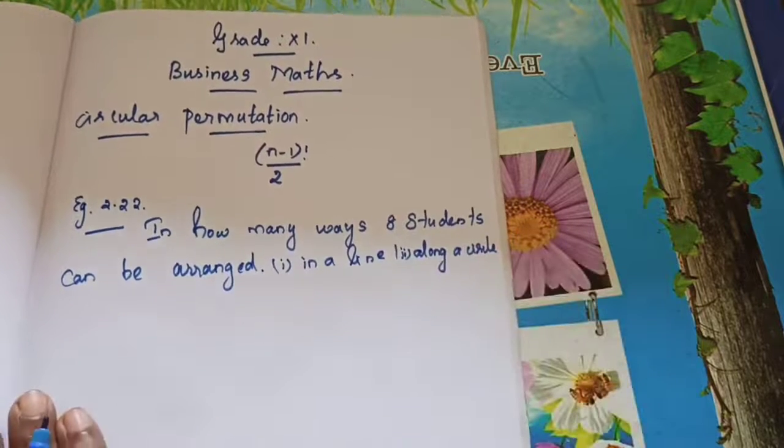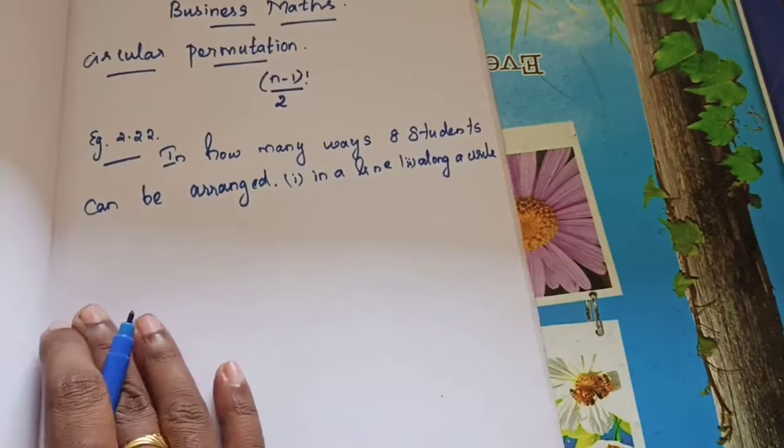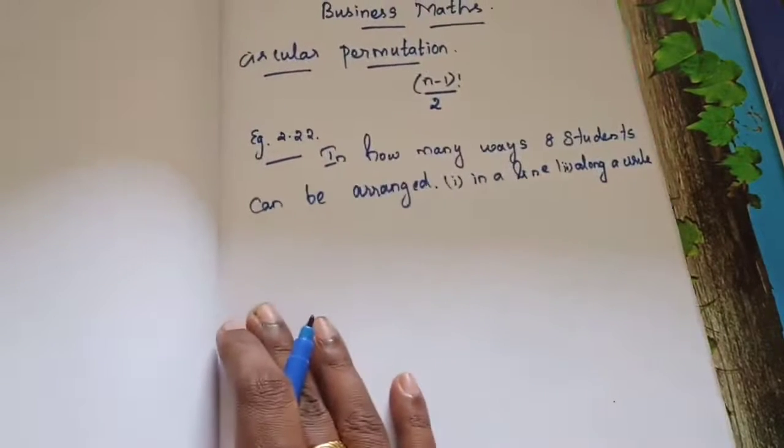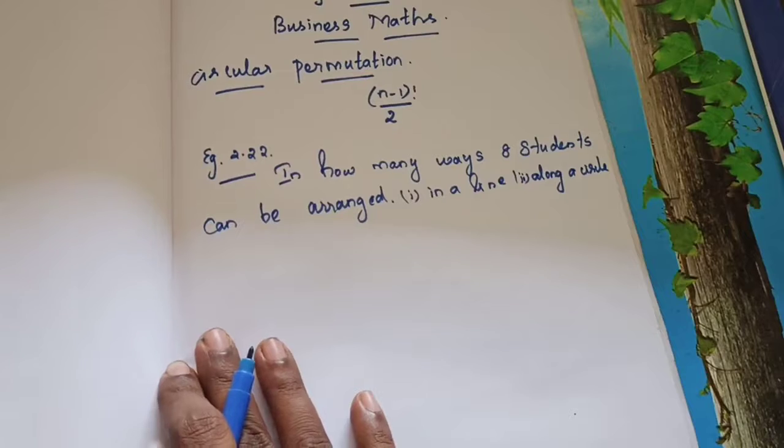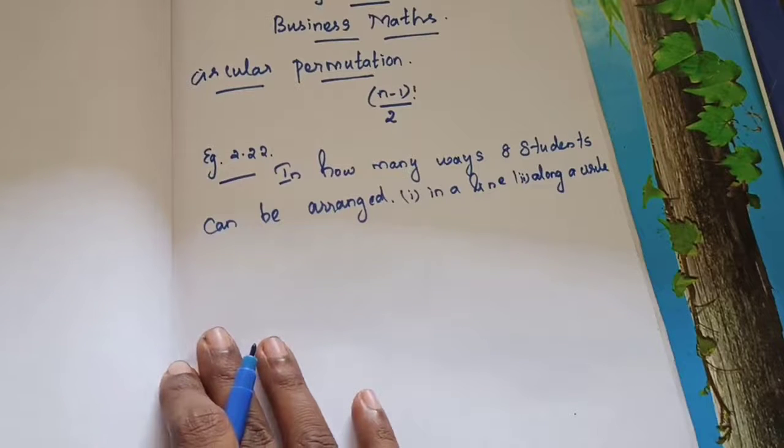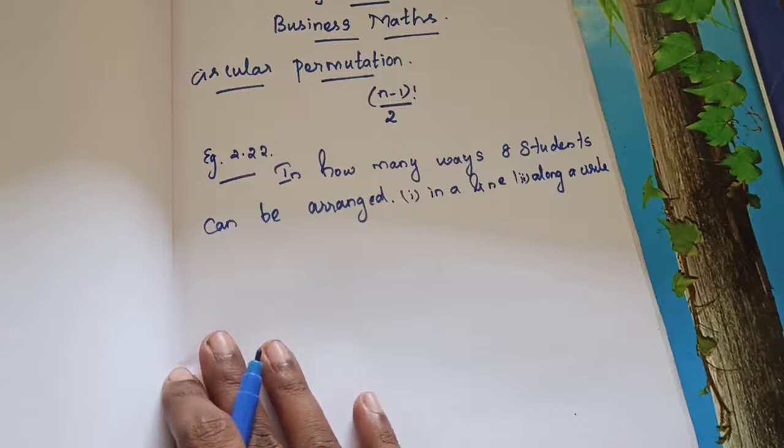You need to find in a line and also along a circle. The number of permutations of 8 students along a line means we just use nPr. Along a circle means we are going to use our formula.